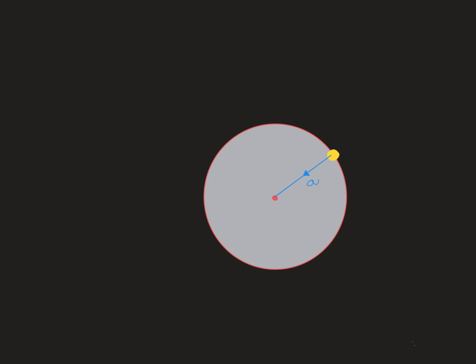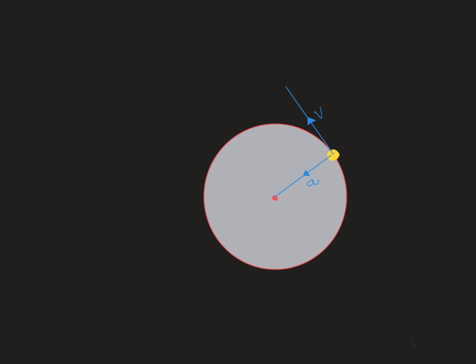It is important to note that the linear velocity is always tangent to the circumference of the circle. Okay? So that is the direction of the linear velocity, v.